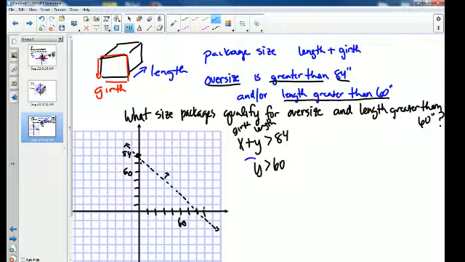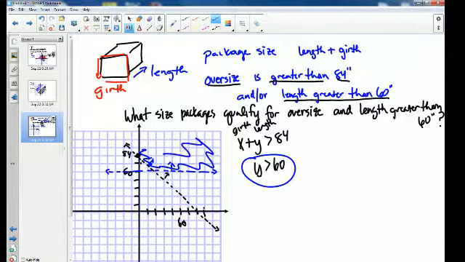And we'll do this one in blue, just for fun. y is greater than 60. So where am I going to shade? Right, so up here, like that. So any size package you pick in this region is going to qualify for that.